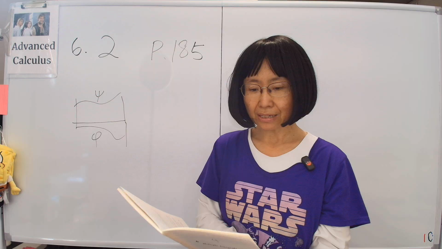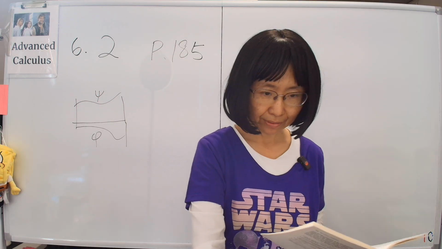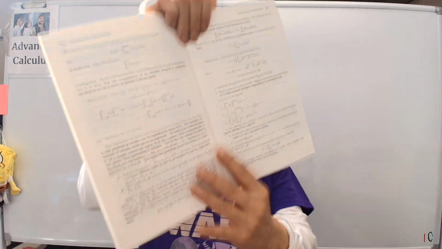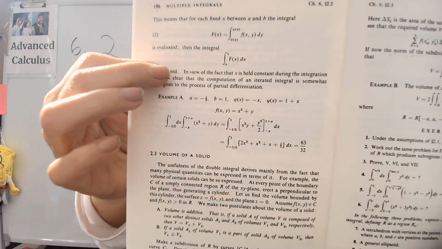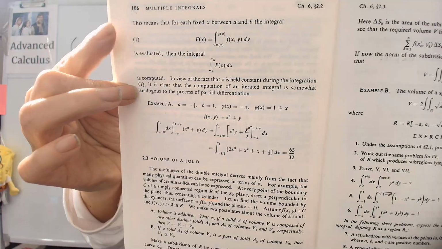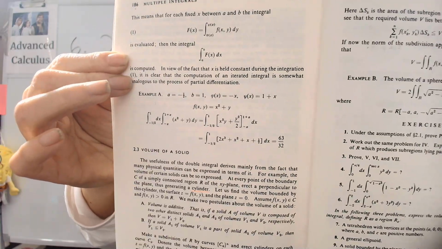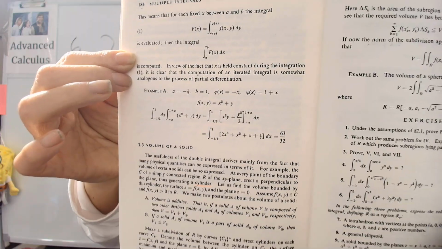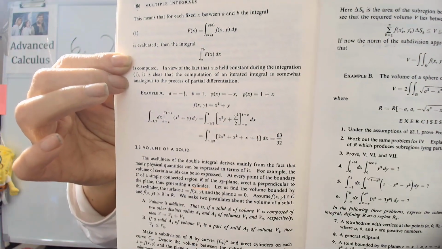Because we are holding x constant in the first part of the integration, it is similar to the process of partial differentiation, where we hold something constant.